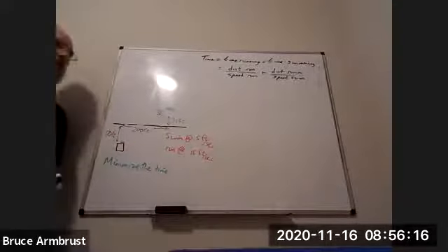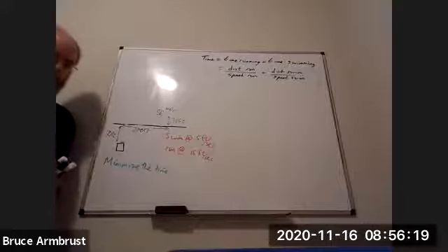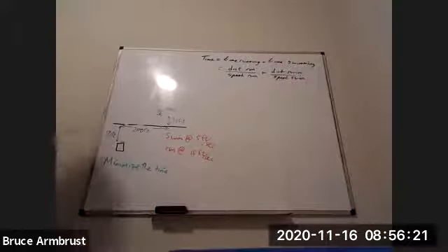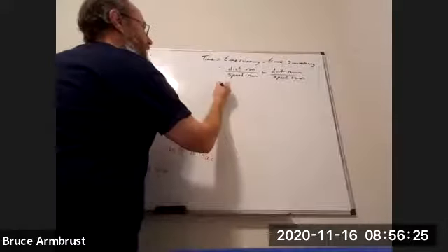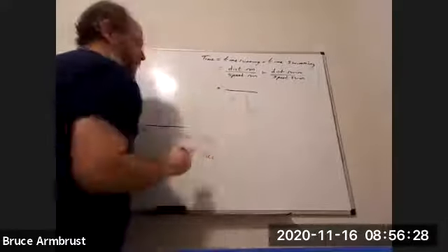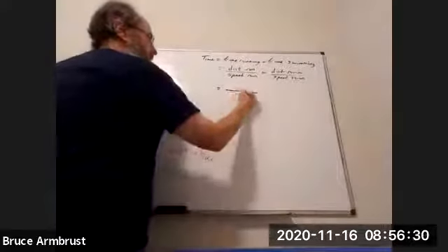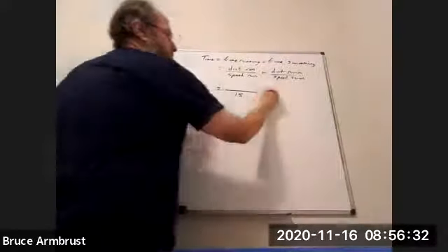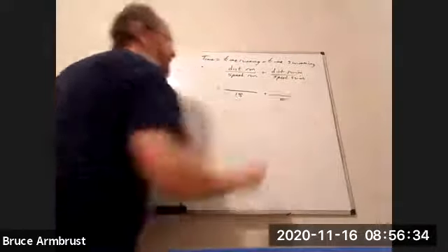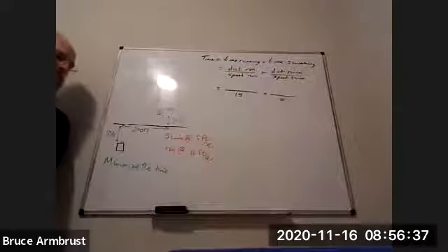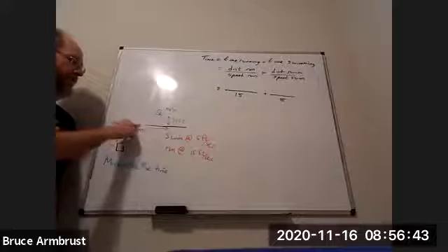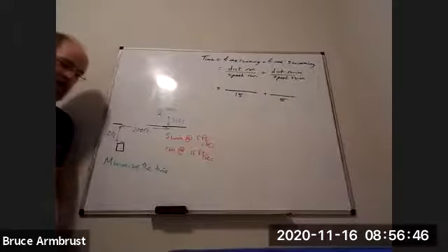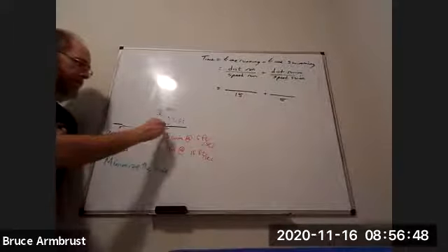So let's see if we can set this thing up. In terms of the speeds, let's just go ahead and put those in. Her running speed is 15 feet per second. Her swimming speed is 5 feet per second. Now we need to get the distances that she swims and runs.